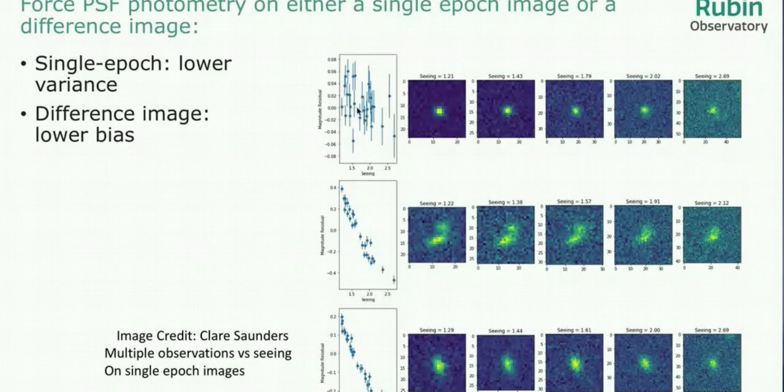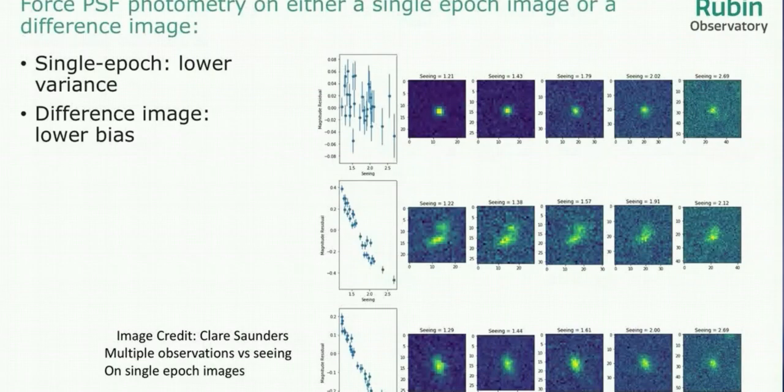The residuals look pretty good. However, for blended galaxies or even undeblended galaxies, the PSF flux starts depending on the seeing of your observation. And this is because as the seeing degrades and changes, the light from the galaxy is more or less smeared out.